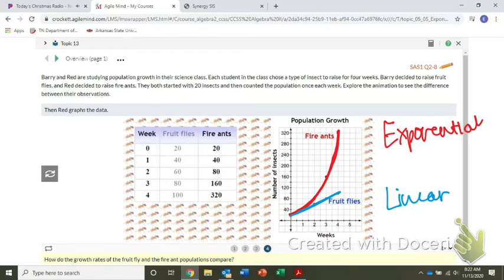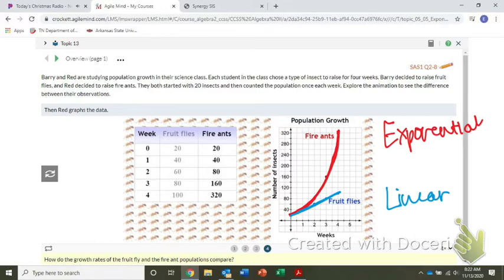On number 7, how does the number of fire ants change each week? Well, we went from 20 to 40 to 80, 160, and 320. So what are we multiplying by? 20 times 20 would be 400.